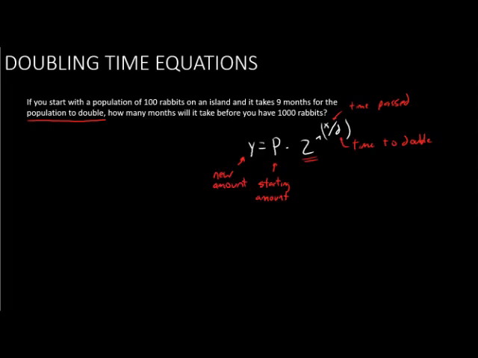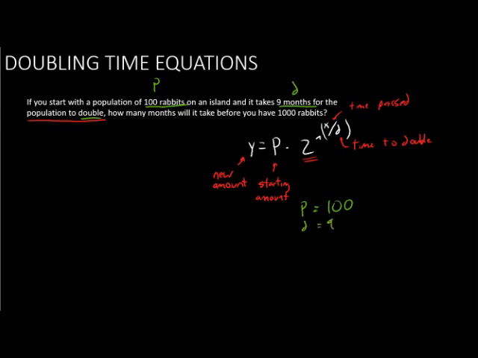Once you've selected the correct formula for the job, it's a good idea to have a look at the quantities that you do know. We have a population that starts at 100 rabbits. This starting population will be our p, and we'll write that down underneath. It takes 9 months for the population to double. That's our doubling time, and we'll call that d.